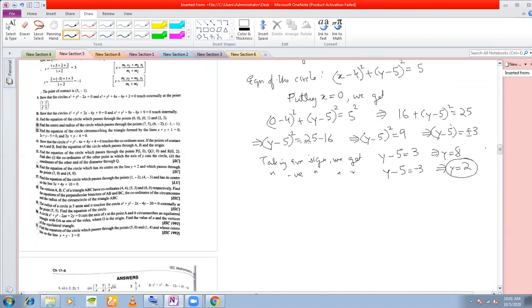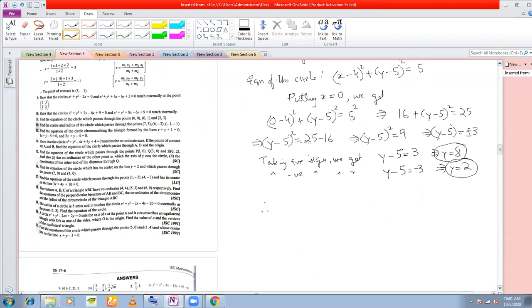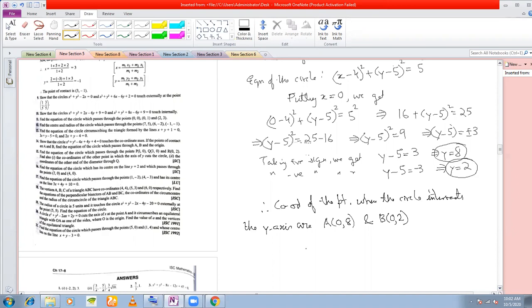And y is equal to 8 represents 0, 8, which is point A. So the coordinates of A are 0, 8 and of B are 0, 2. The coordinates of the points where the circle intersects the y-axis are A(0, 8) and B(0, 2). Okay, so this is how you get the coordinates.